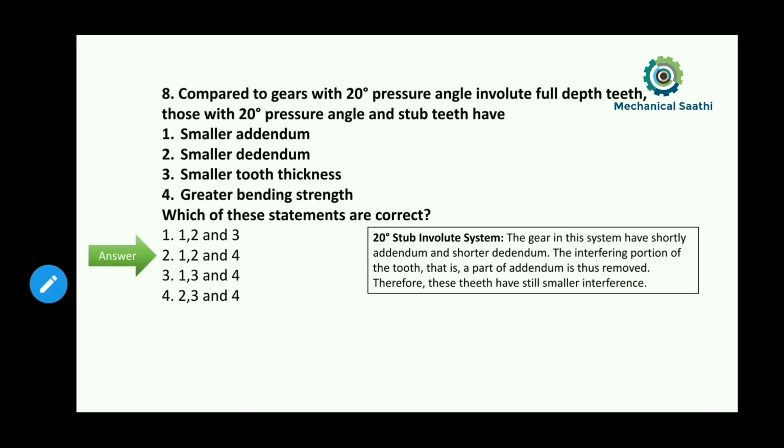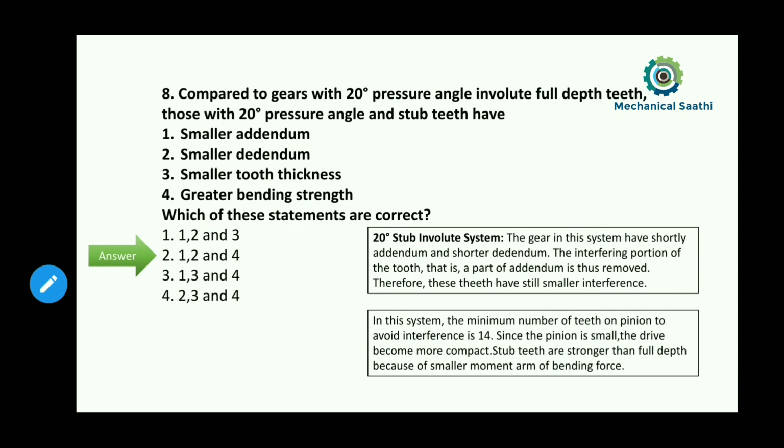So due to the small interference, the minimum number of teeth on the pinion to avoid interference is 14. Since the pinion is small, the drive becomes more compact, and the stub teeth are stronger than the full depth because of the smaller bending moment. That's how we can say our stub teeth have the greater bending strength.